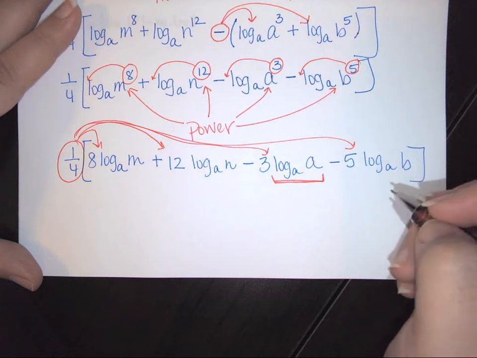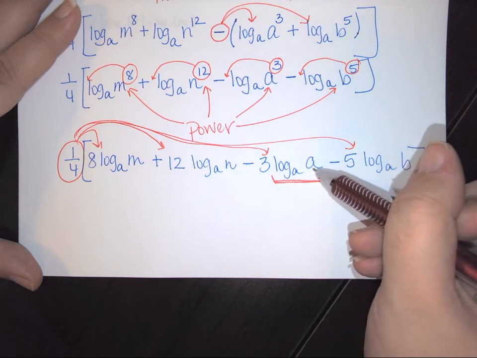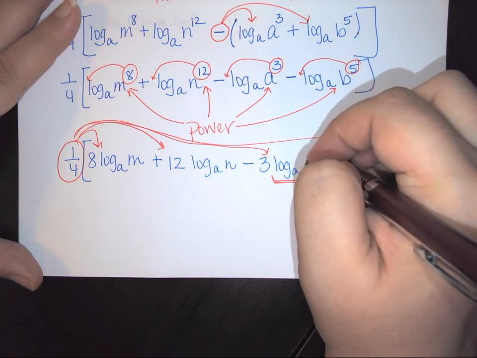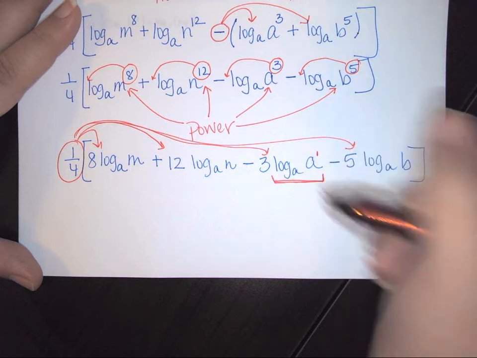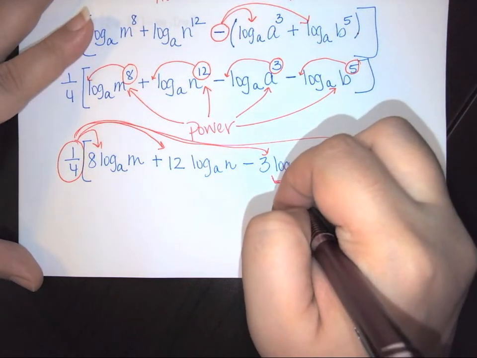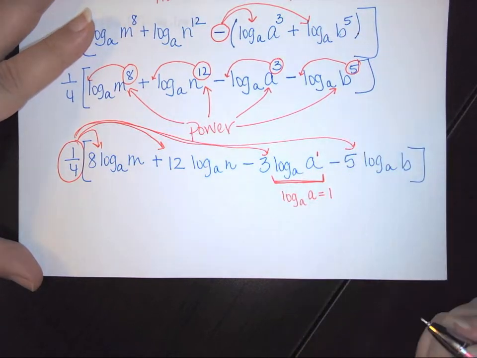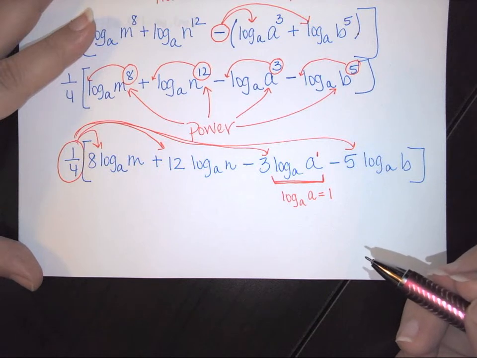And that rule says, as long as the log base and your exponent base are the same, log base a of a gives you 1 as a result. So what we have to remember is that log base a of a equals 1. And so that is going to change and it's going to drop out.